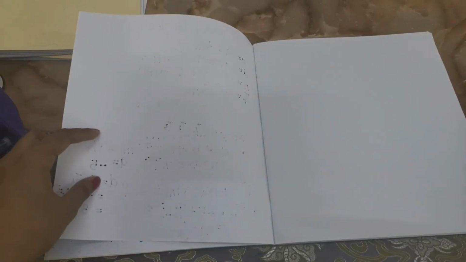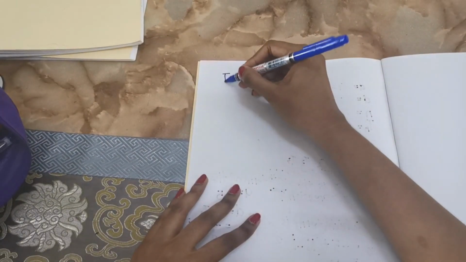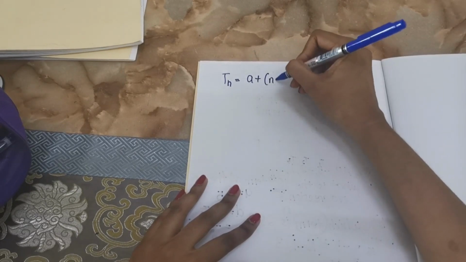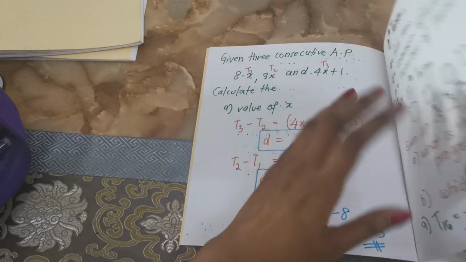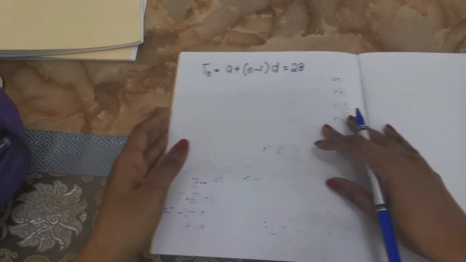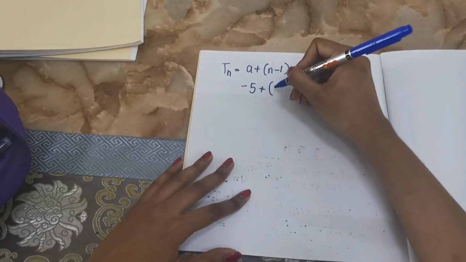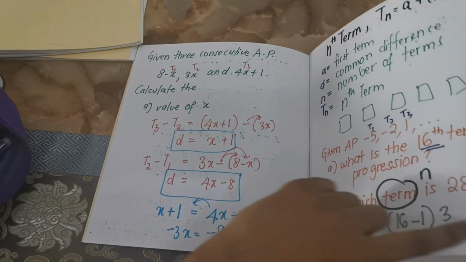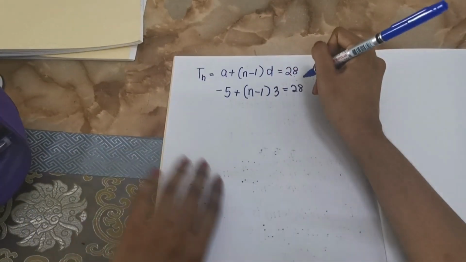We set Tn equals a plus n minus 1 d equals 28. We are going to find n. a we have, which is -5. n we don't have, we are going to find it. d we have from previously, which is 3, equals 28.